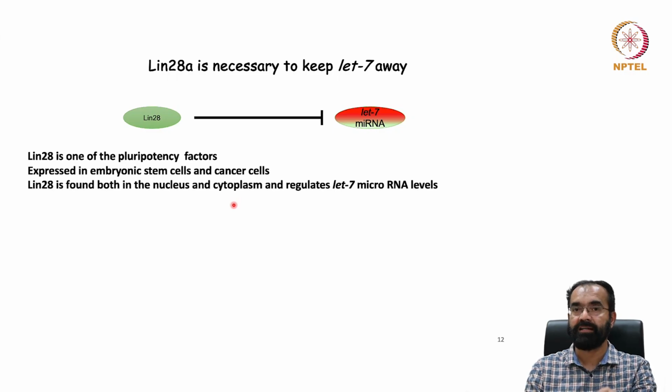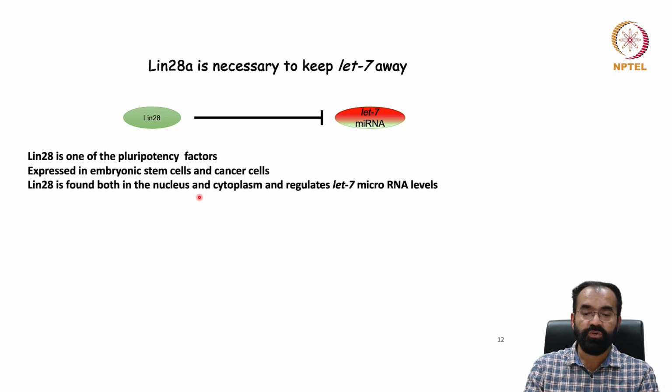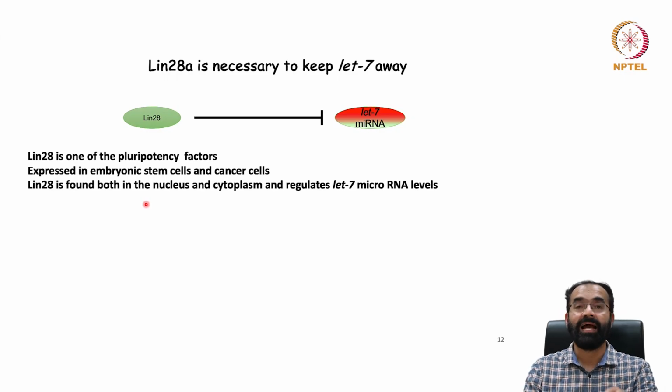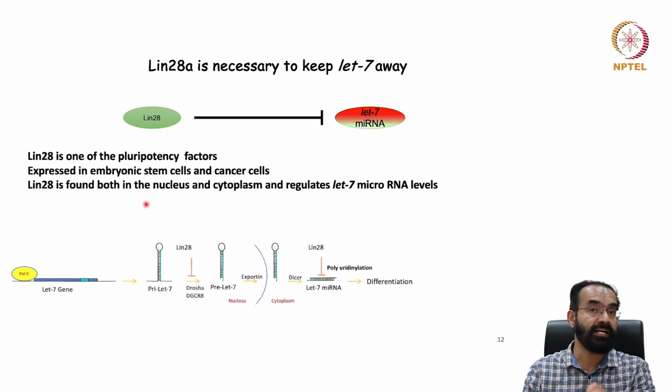Of those 6 factors, one of them is LIN28, expressed in embryonic stem cells and cancer cells. LIN28 is found both in the nucleus and cytoplasm and regulates LET7 microRNA levels. LET7 is a very interesting molecule. It has independent genes, and it can also be embedded in the introns of other genes. In both ways it is present.